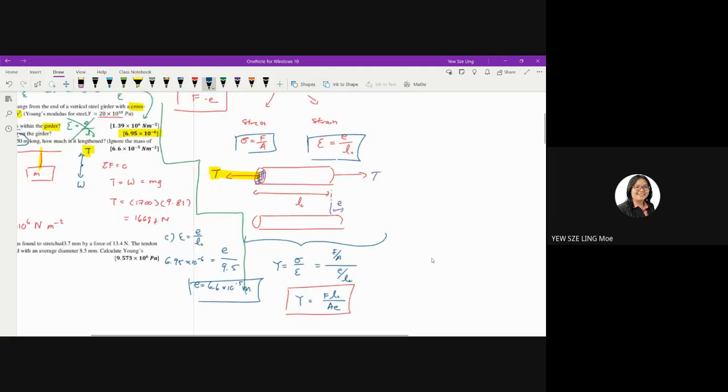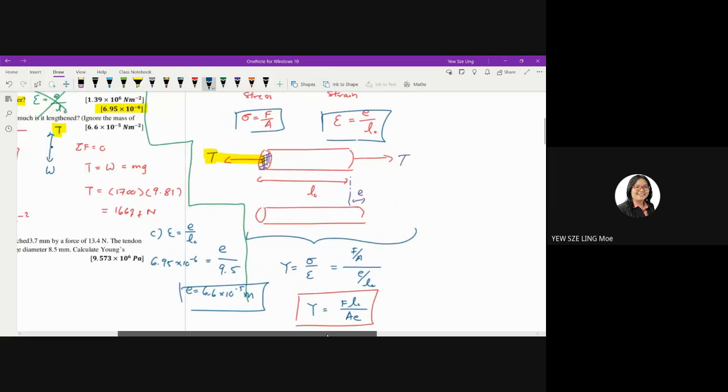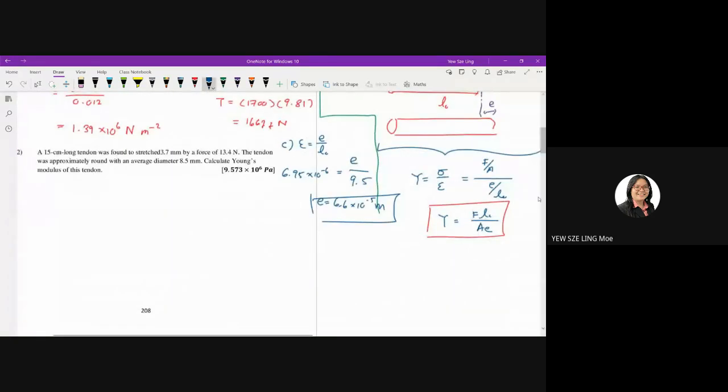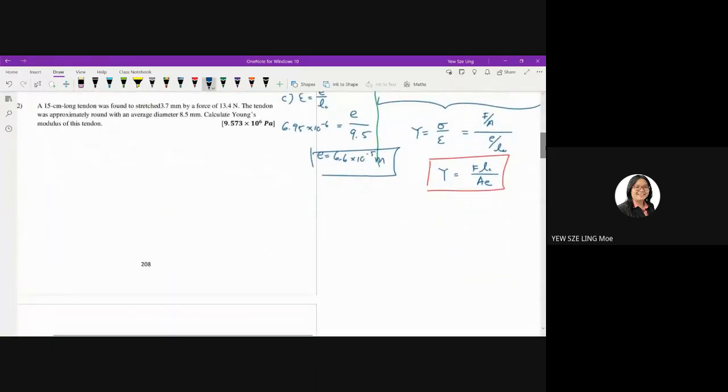Okay, so now let's look at question 2. A 15 cm long tendon, now you're given a length, L equals 15 cm, not original length, was found to stretch 3.7 mm.